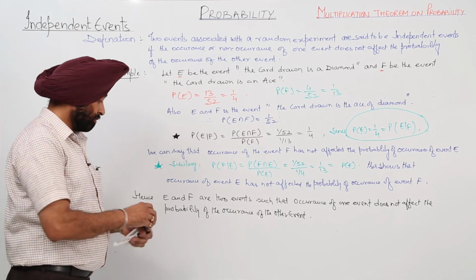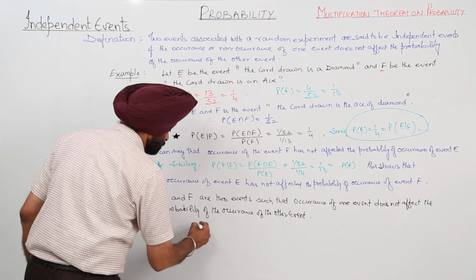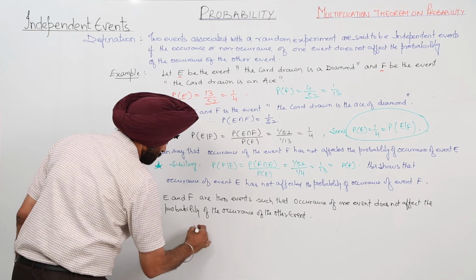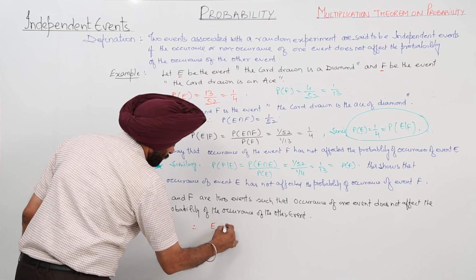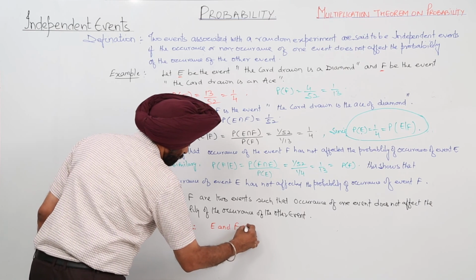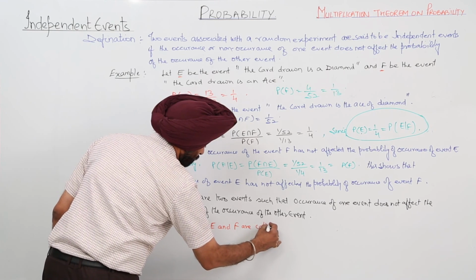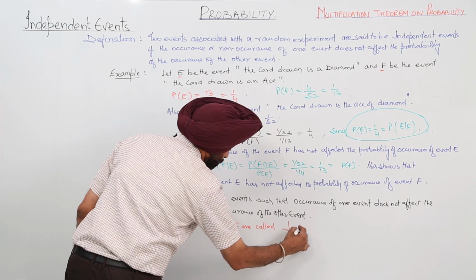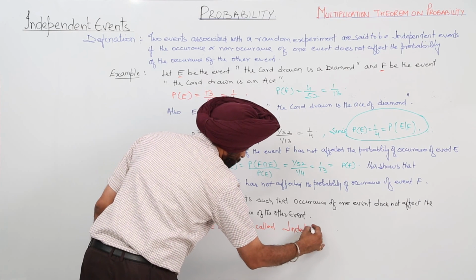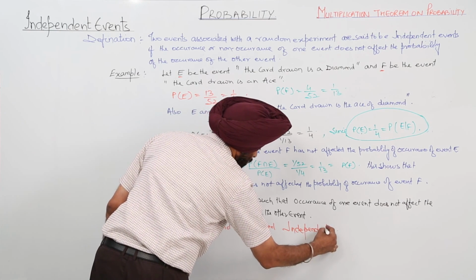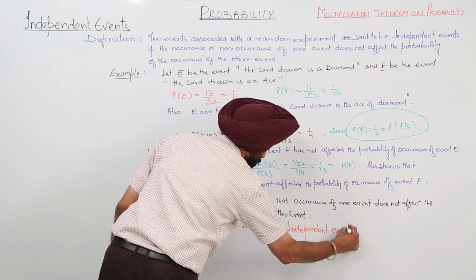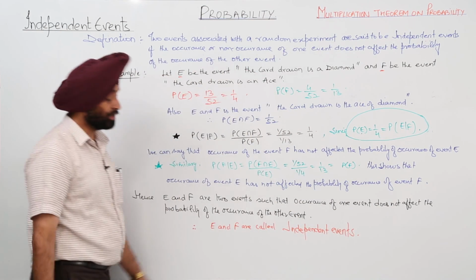Therefore E and F are called independent events. This is the independent event.